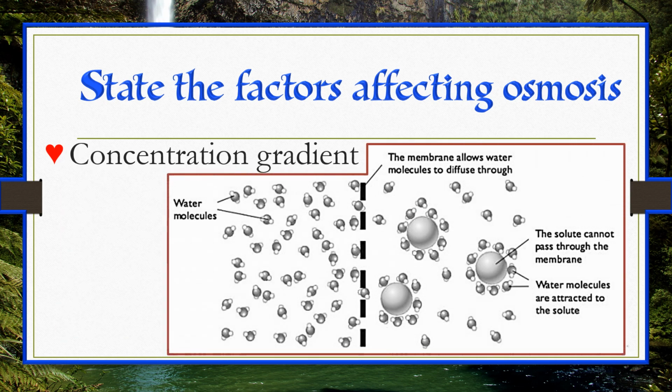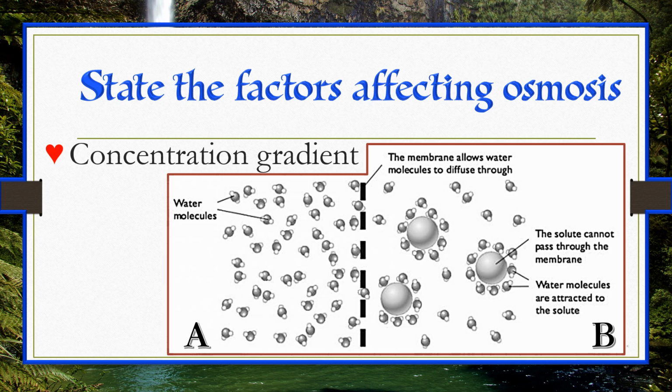We are still looking at the factors affecting osmosis. Another factor is the concentration gradient. Still looking at both sides, side A with more water molecules, and side B also has water molecules.